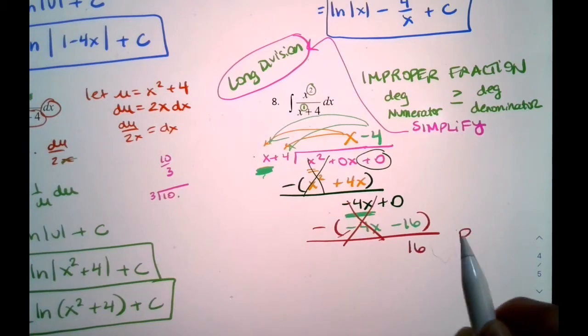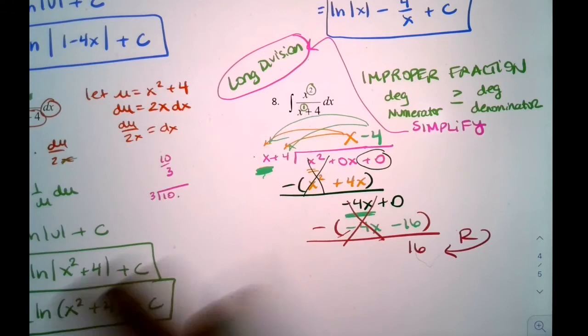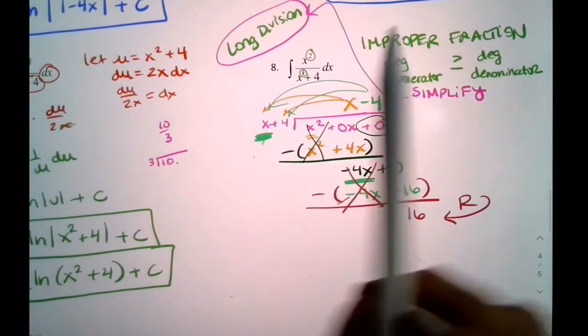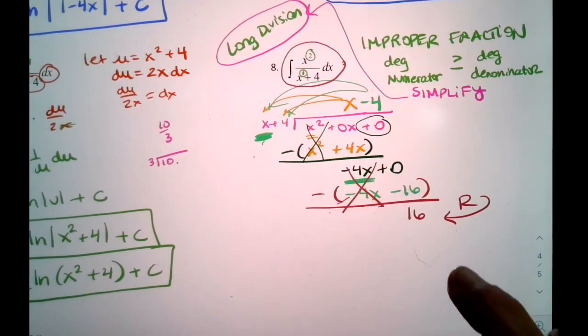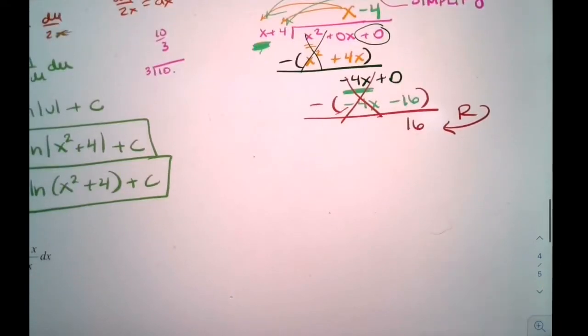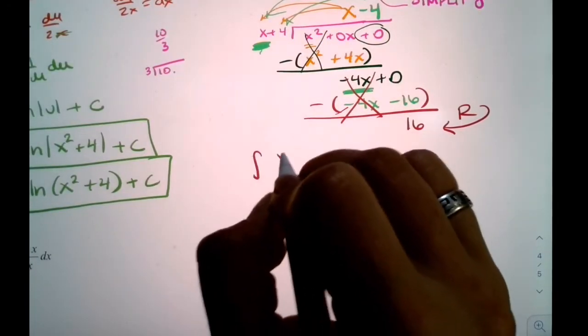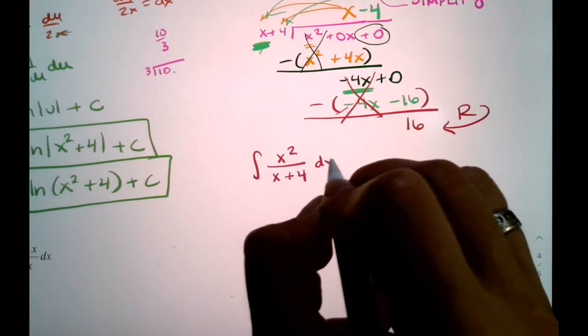I just did all this heavy-duty algebraic manipulation, work, simplification, whatever you want to call it. Look, this was my original integral. It was improper. I'm going to rewrite it down here so that we can see it. What I have just done is simplified it.